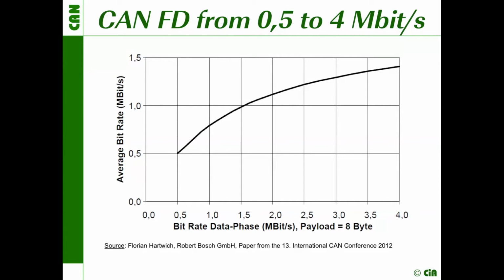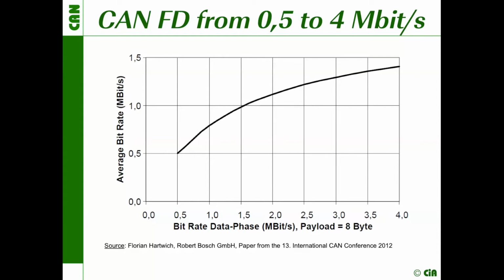We are still talking about the same message with 8 bytes of data. And if I just increase the data rate in the data phase to 2 megabits, we have already an average bit rate of maybe 1.2 megabits per second. So that's already more than we have today with classical CAN.